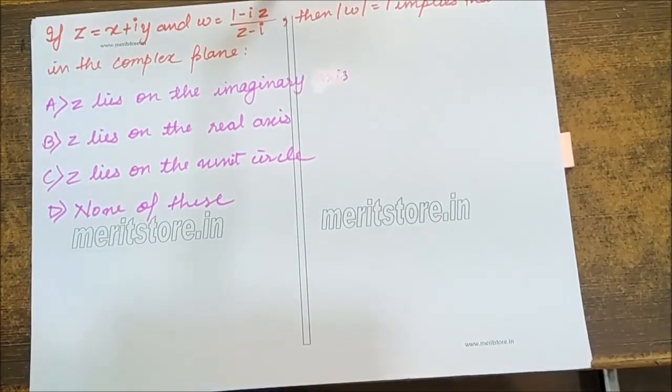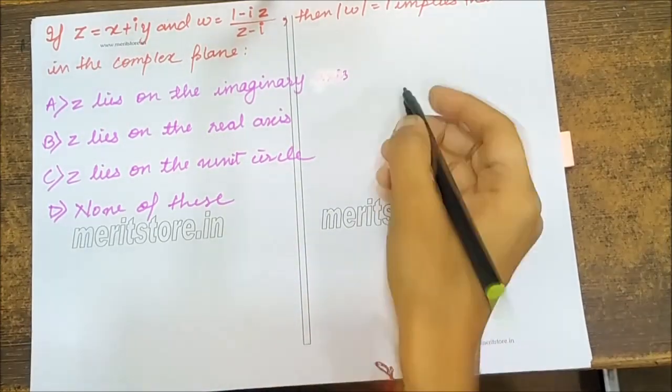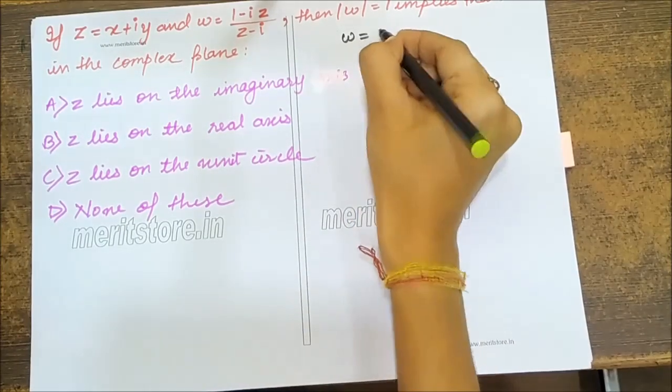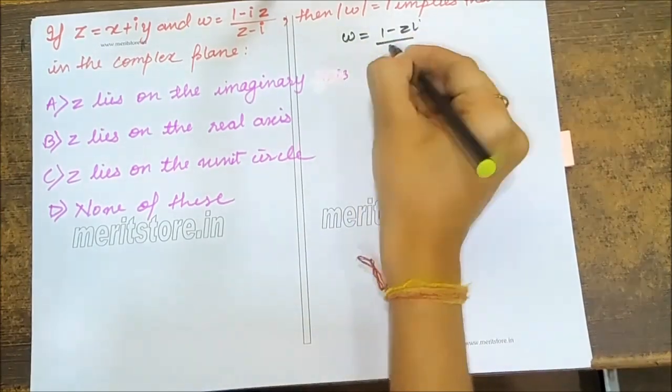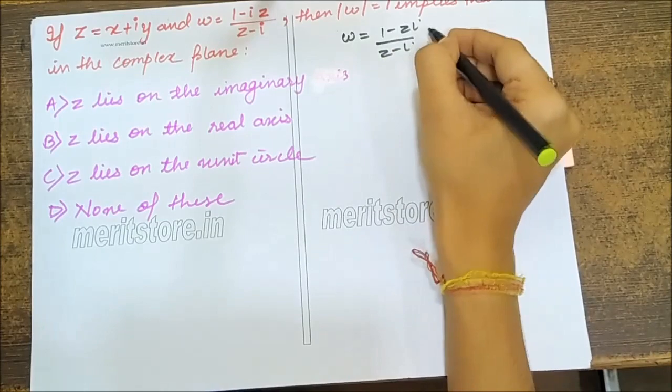If z is x plus yi and w is equal to (1 minus zi) upon (z minus i), then modulus of w is equal to 1 implies that in the complex plane, z lies on... So let's say w is equal to (1 minus zi) upon (z minus i).